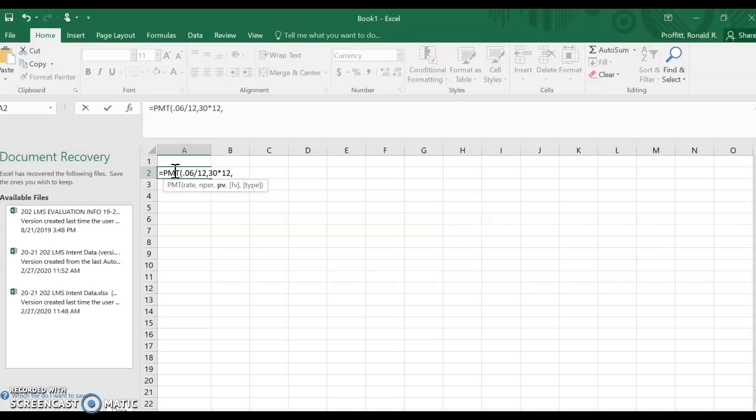Then it asks for the present value of the loan, which is $160,000. And then the future value of the loan is 0, and we don't need type. So close parentheses, and there's your monthly payment, the $959.28.